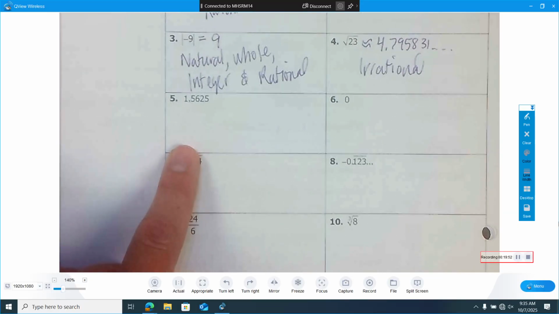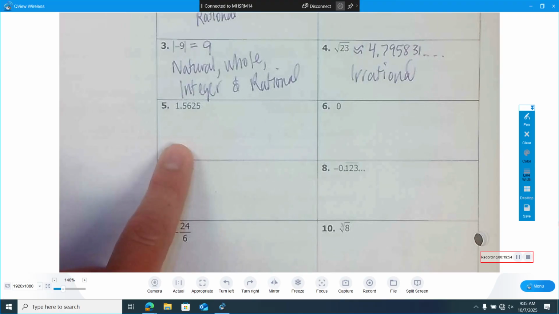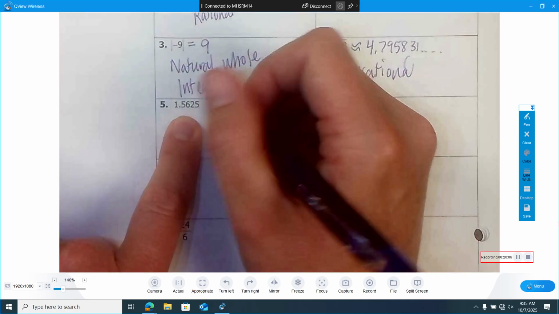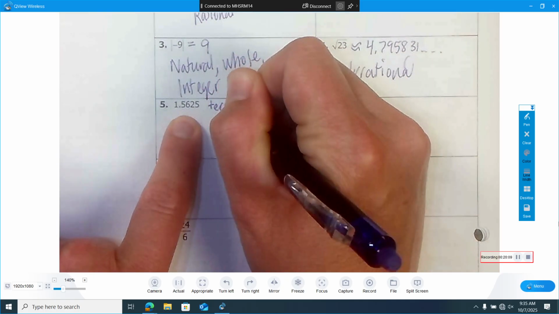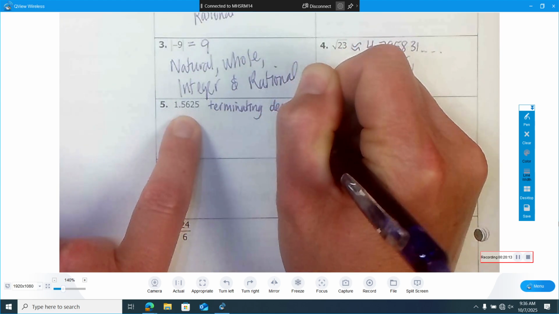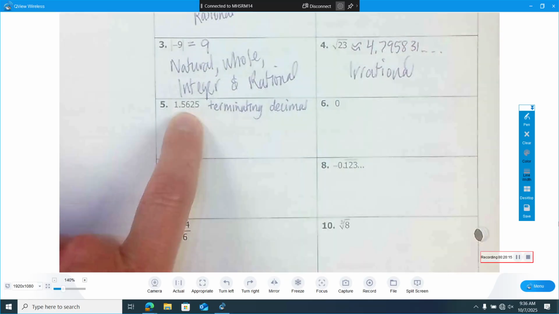All right. Tell me about 5. Look at that decimal. Would you call that crazy or nice and tidy? Does it go on forever? No. So it's not too bad, actually. All right. This is a terminating decimal. It stops. It's long, but it does stop.